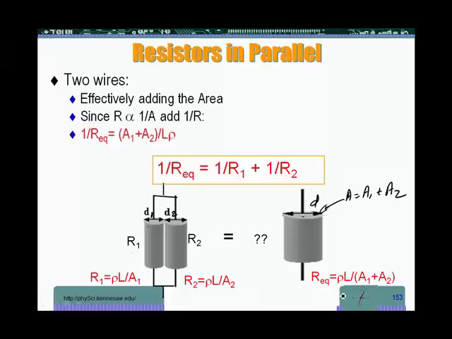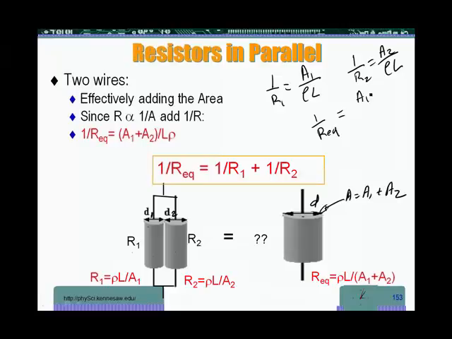How can we find a relationship between these? If we invert both of them, 1 over R1 is equal to A1 over rho L. What's 1 over R2? 1 over R2 is A2 over rho L. What's 1 over R equivalent?